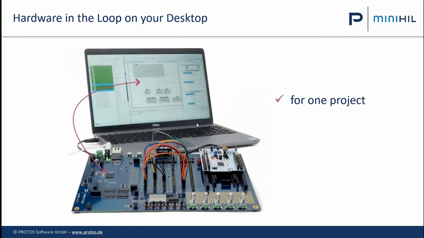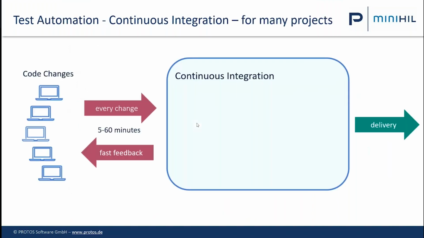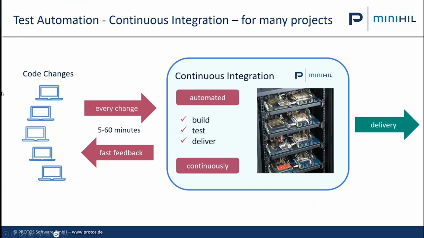And then if your project gets bigger, if you have more people in the project, more programmers, more developers, or developers are distributed over several locations, then you might want continuous integration. Same thing, but with a big difference.